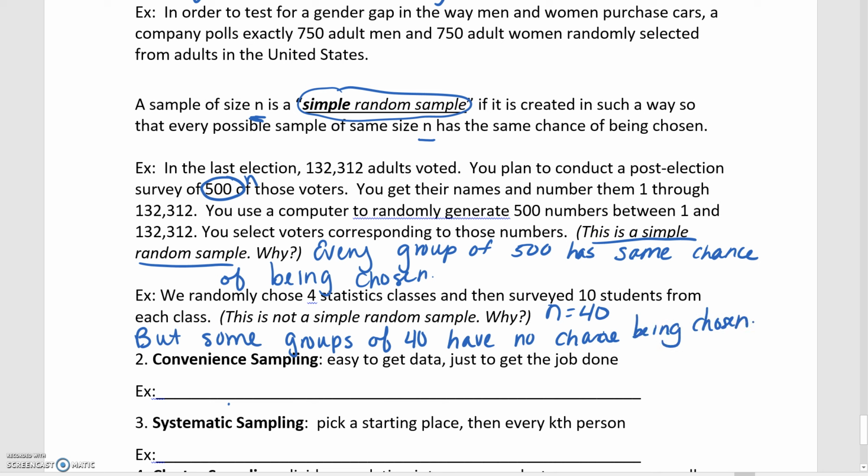For example, let's say the classes had 30 students, you'd never get the group that's 30 students from one class and then 10 from the other 3 classes. If you put all of those students from the classes together, there would be some groups that wouldn't have a chance of being chosen in this way.